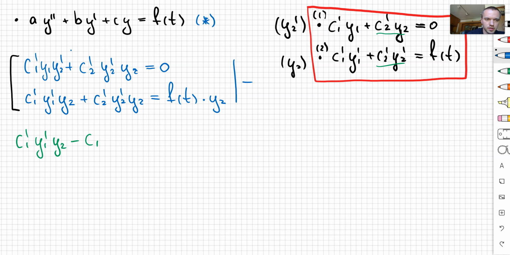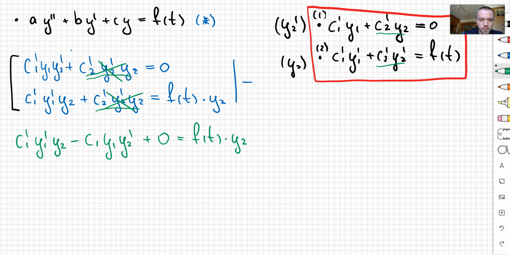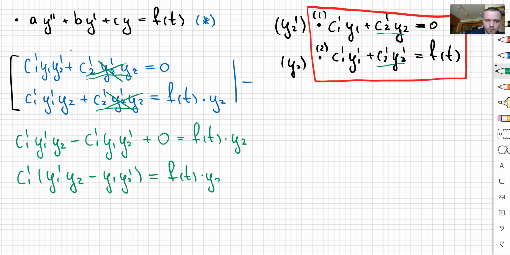So it's going to be c1 prime y1 times y2 prime plus 0, because this term and this term are identically the same, so they're going to cancel out, and equal to f of t times y2. And then if I factor c1 prime, I'm going to obtain that c1 prime times y1 prime y2 minus y1 y2 prime is equal to f of t times y2.